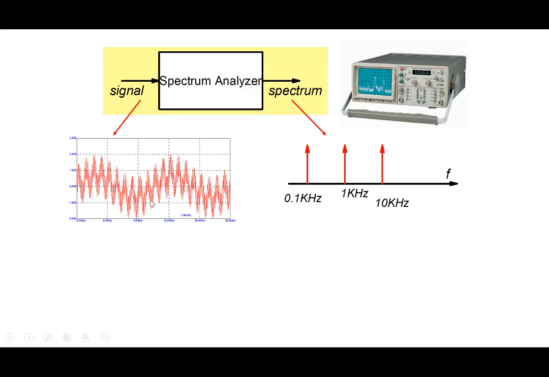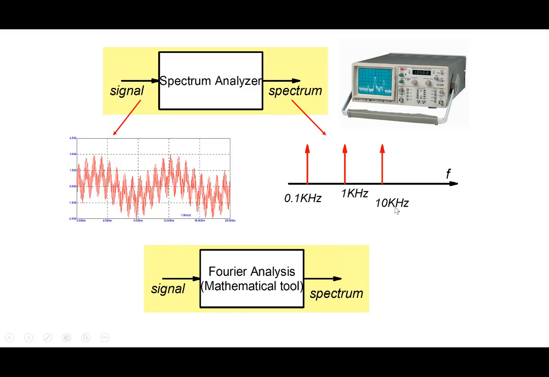Now, as I said, when we looked at the signal, we could see that there was one high frequency and one low frequency, but perhaps seeing that there are 3 clear frequency components in this particular signal was not apparent. But when we do a frequency analysis, that becomes clear. It would also tell us what is the magnitude of 0.1 kilohertz, what is the magnitude of 1 kilohertz and 10 kilohertz.